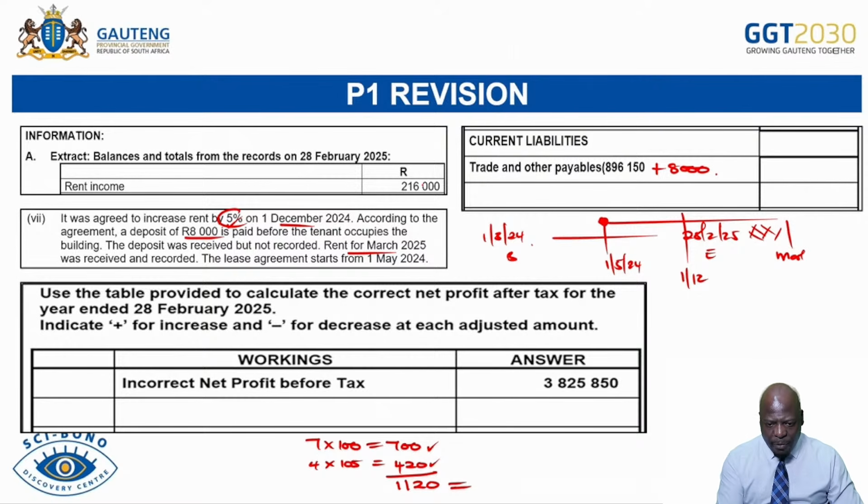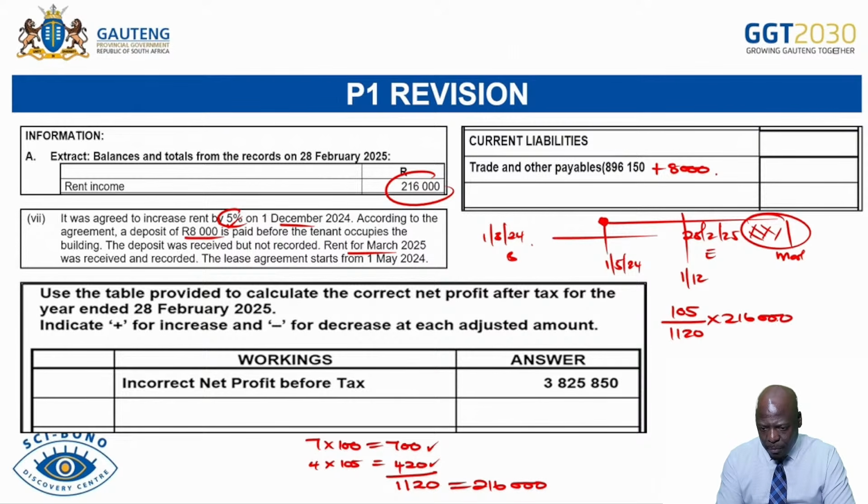This is therefore equivalent to the rent that we have received, which is 216,000 over there. Now we can say what you want over what you have. We want rent per month after the increase, which is the March year. So we want 105 here. And what we have is the total, 1,120. And we multiply that by 216,000.